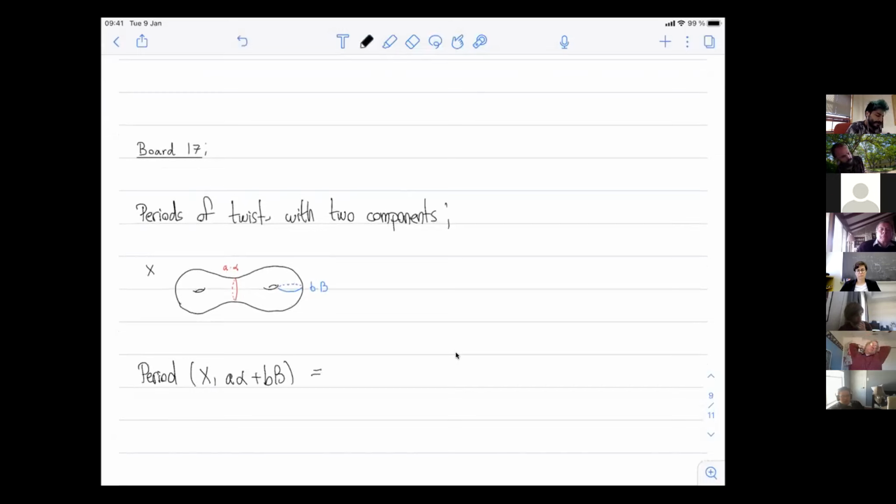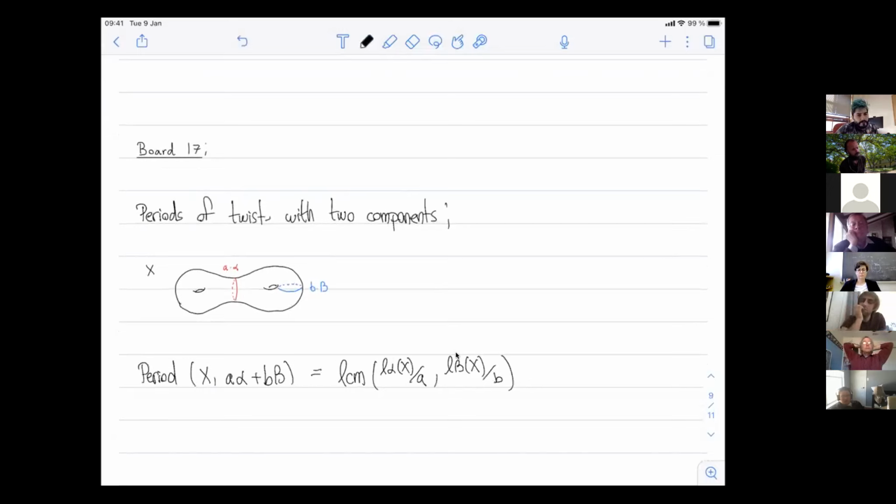Well, it's what you would imagine. It's the least common multiple of having the twists work sort of independently by itself. So the amount of progress I have to make in alpha divided by the speed, and the amount of progress I need to make in beta divided by the speed. So I claim that for these cases, the periods are pretty easy to compute.